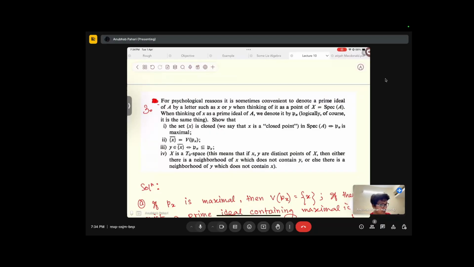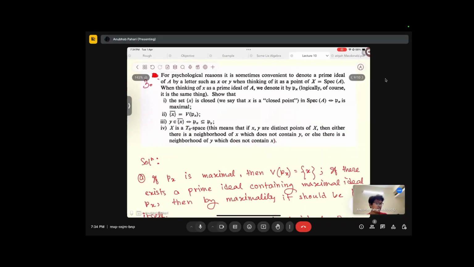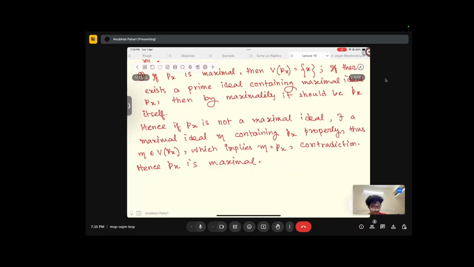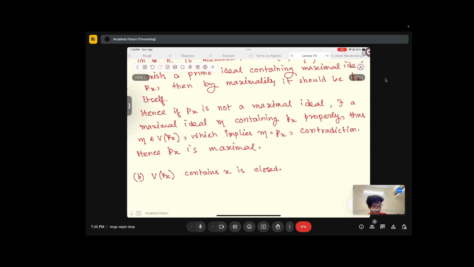Now the second one is saying that the closure of any point should be the set of all prime ideals containing that prime ideal, right? These are all easy, but I'll still do them. V(p_x) contains x and is closed. Thus the closure of x is contained in V(p_x).